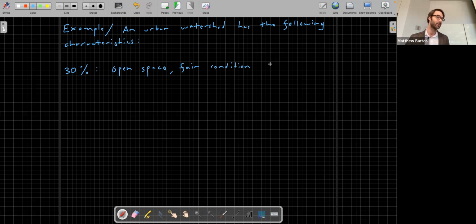And this has soil group B. Right, we have 50% of the watershed is open space in poor condition.